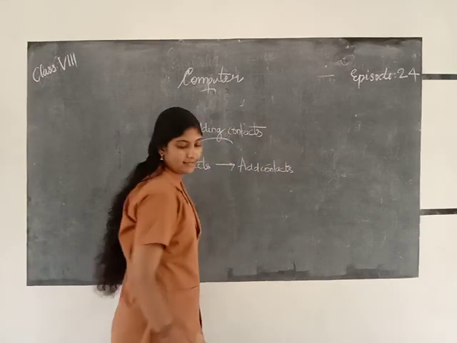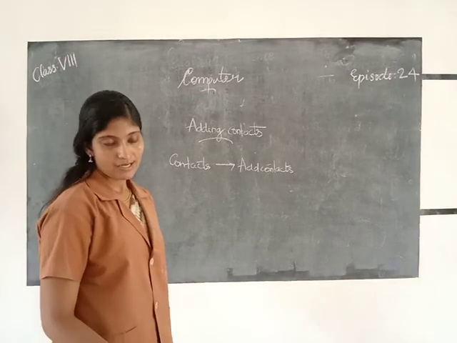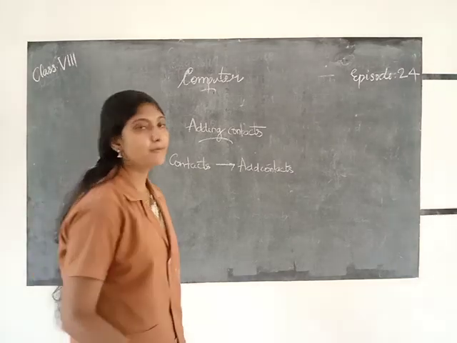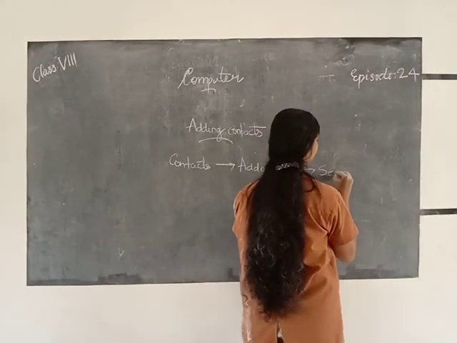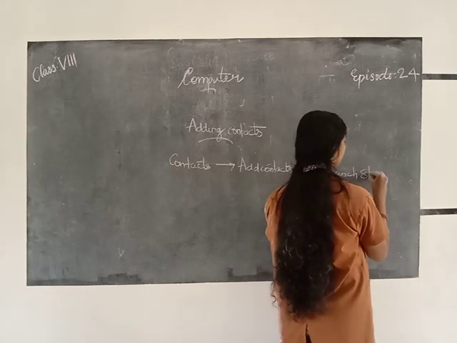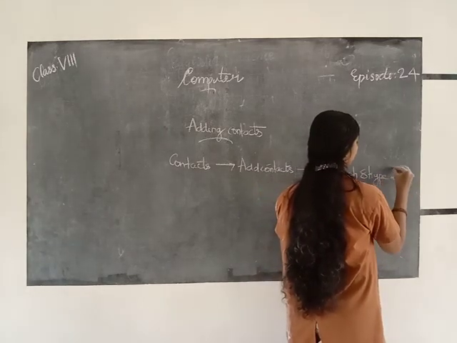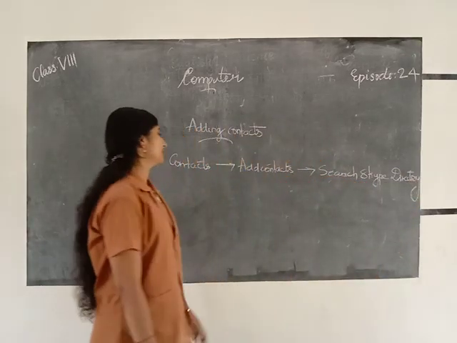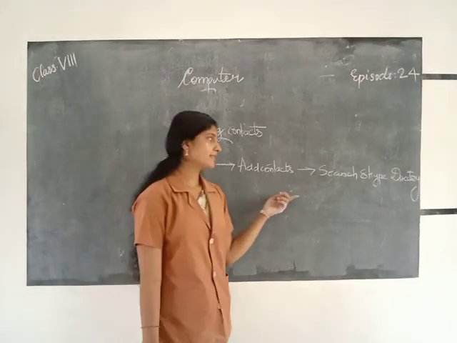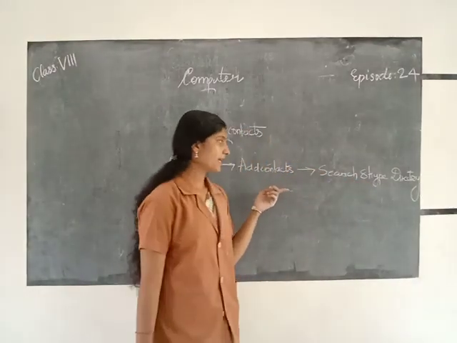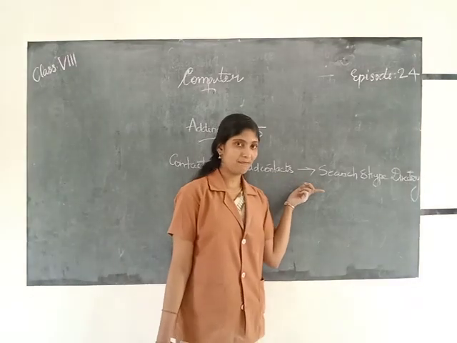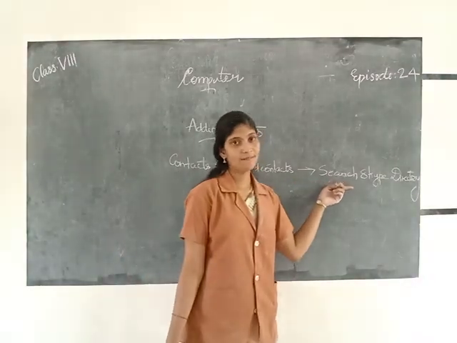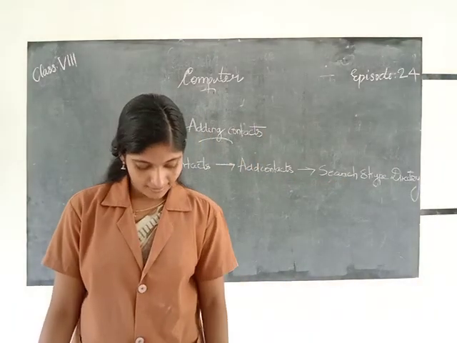Then next step, again there are some options, so just click Search Skype Directory. So here: Contacts, Add Contacts, Search Skype Directory. You can search the name of that Skype account holder, also their email ID, and you will get the result.